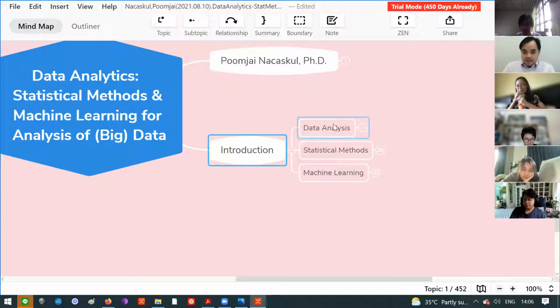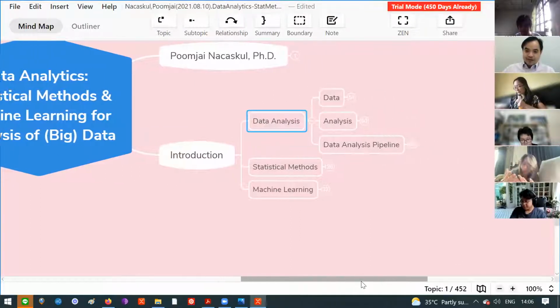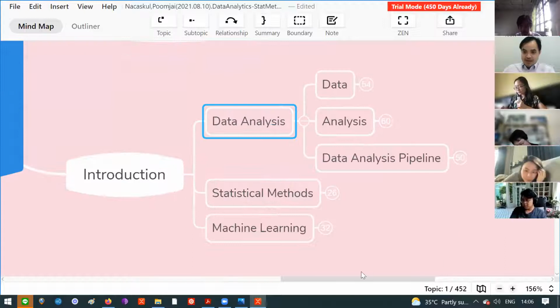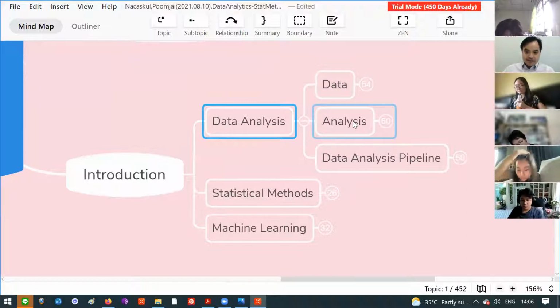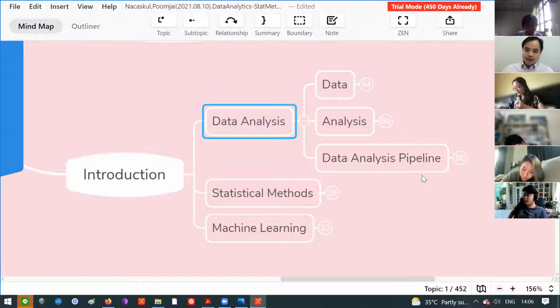Okay, so let's go to data analysis. What are we talking about? Let's talk about data, let's talk about analysis, and let's talk about the data analysis pipeline. That will become more meaningful as you get more hands-on experience.